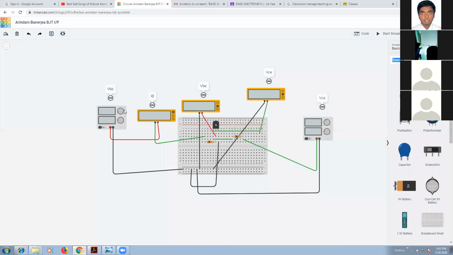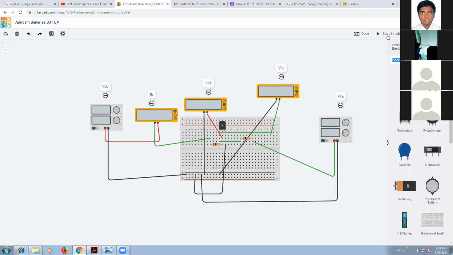So you can see the corresponding circuit here. Can you see everybody? Hello? Students, please respond in the chat box. Yes, sir, we can see clearly. Is there any problem understanding my previous lecture? Any doubt? Please write in the chat box.